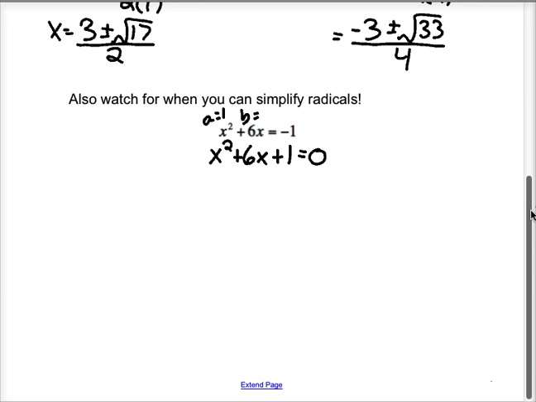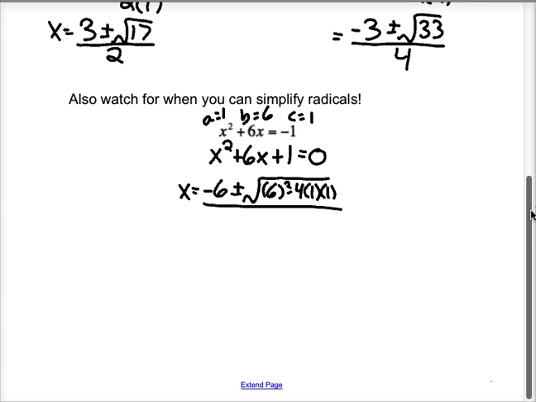Because now I can label all of my terms, A, B, and C, and I'm going to start plugging them in. Negative b plus or minus the square root of b squared minus 4 times a times c, all over 2 times a.